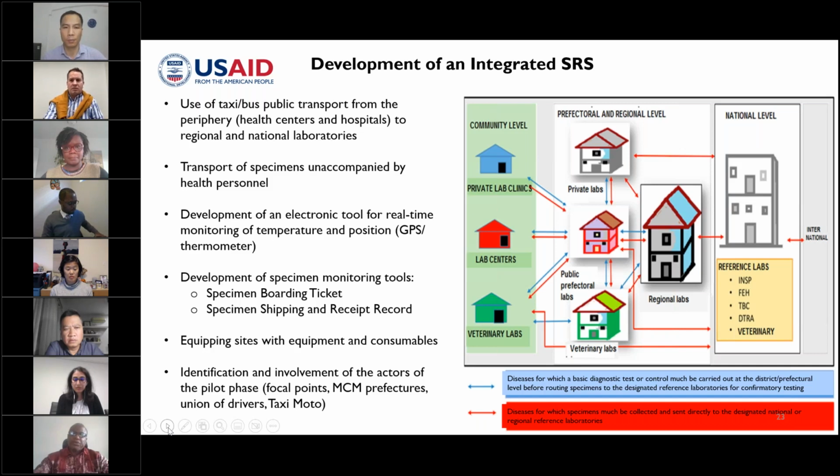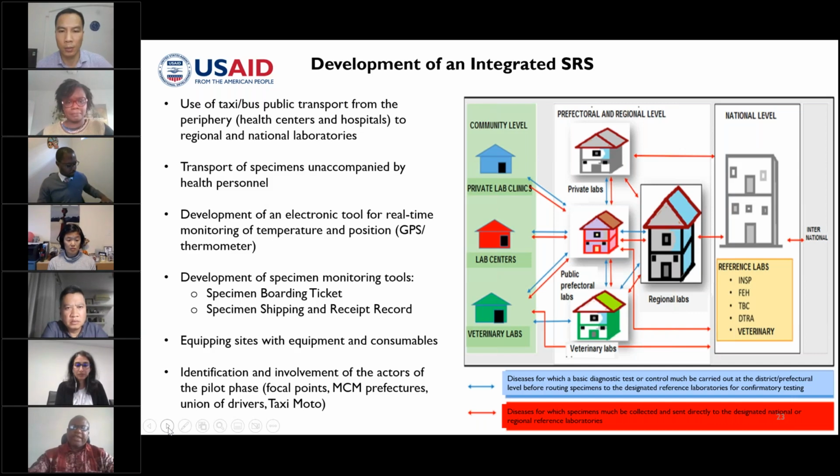Use of an electronic tool to monitor the temperature and to track the samples during the transport from the peripheral site to the regional or the reference labs. And finally, to conduct training of key actors, including lab technicians from the regional and district labs, drivers, surveillance focal points that we call here in Guinea, médecins chargés de la maladie from the prefectures. Next slide.